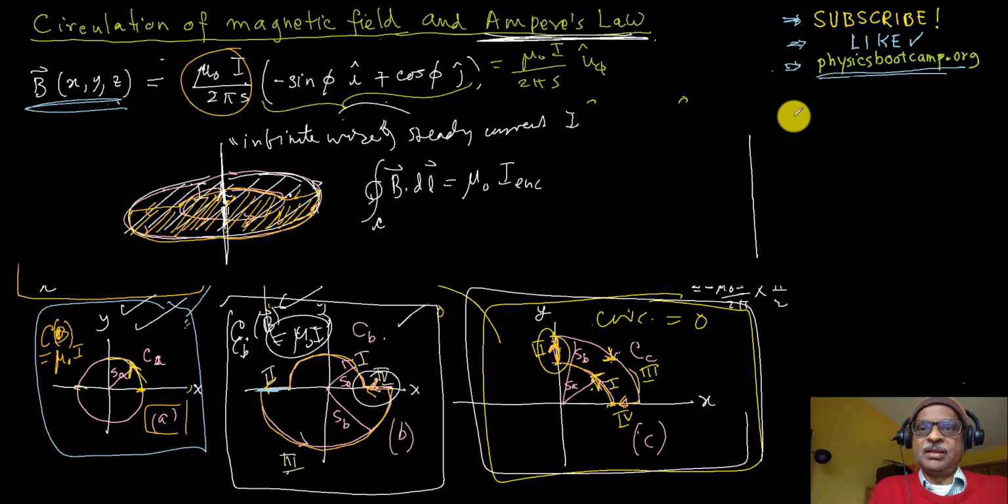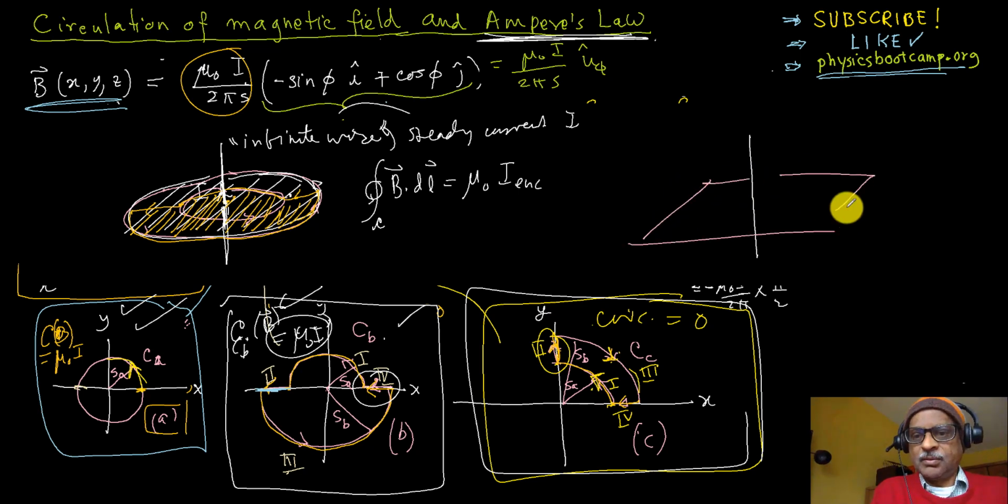I go from here to here and then go like that. So this current is not going through that area. So the I enclosed is equal to 0. So that's why I got a 0 here.